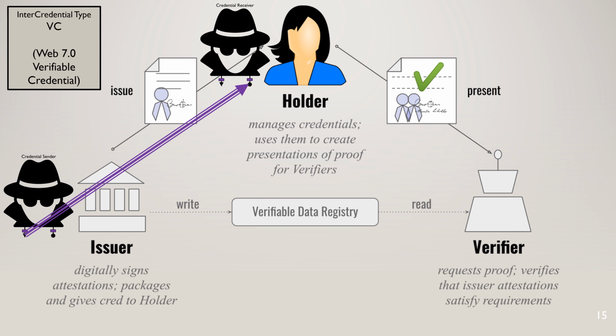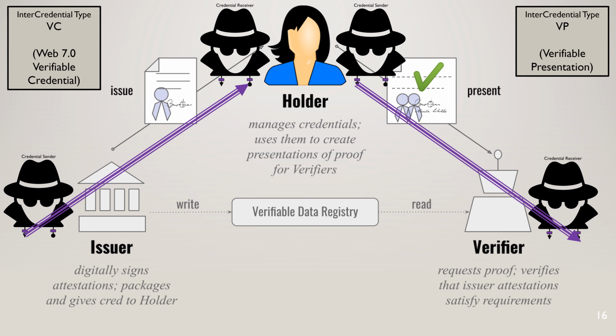And it's going to send that verifiable credential to the holder. And the holder is just a specialization or a derivation of a credential receiver. Everything that we know about verifiable credential, InterCredentials applies here. And we can see in the top left-hand corner, the InterCredential blood type is VC.